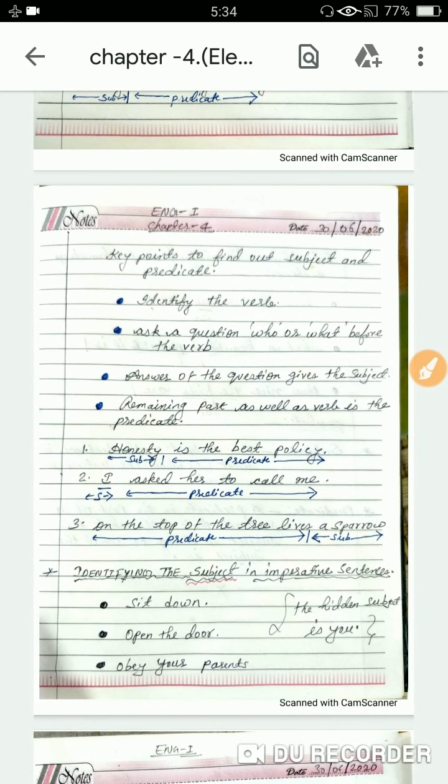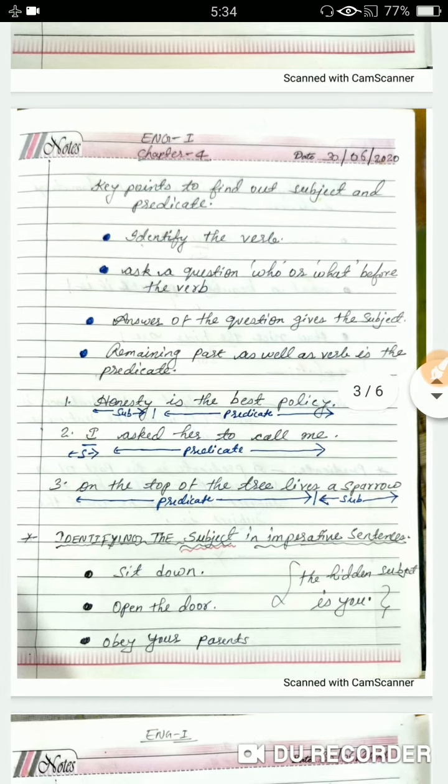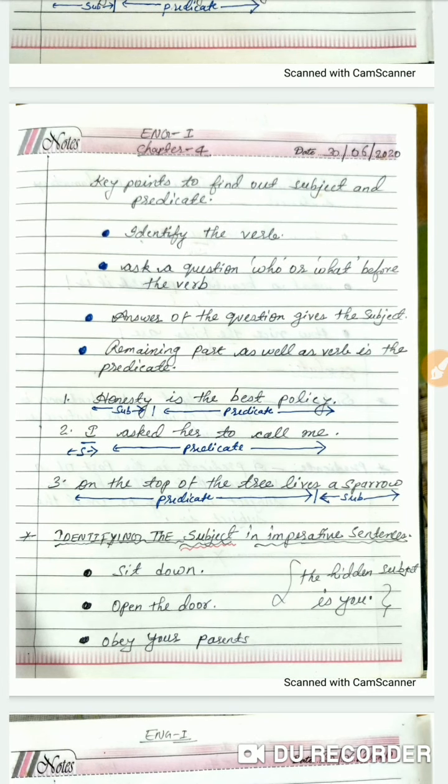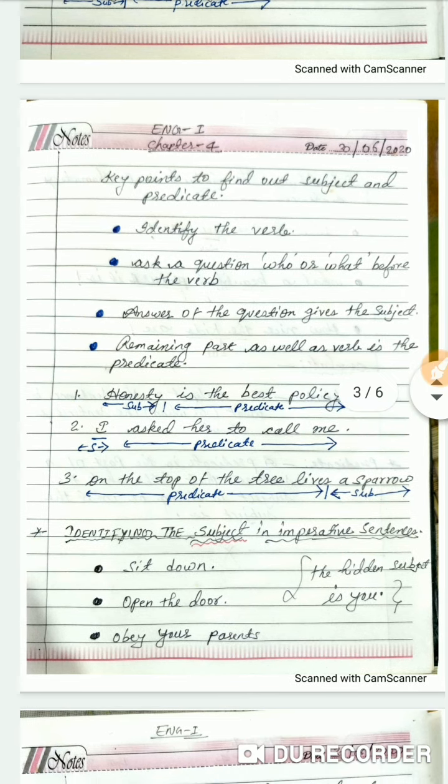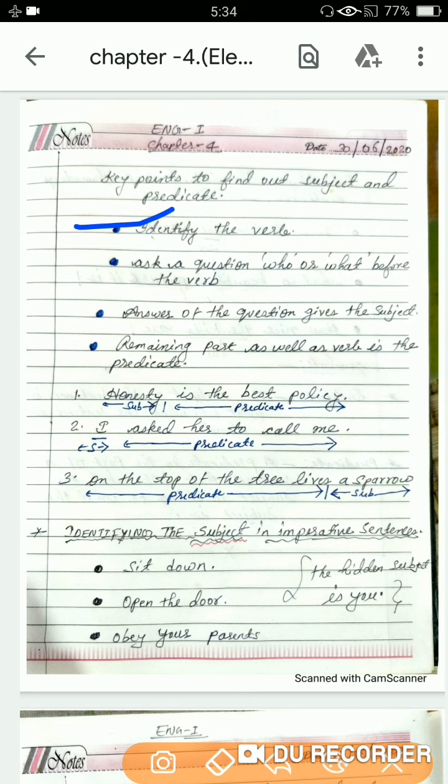If we get the answer to the question, it will give the subject. From the answer to the question who or what, we come to know about the subject. Through these three points we will come to know what the subject of the sentence is. And the remaining part, as well as the verb, will be the predicate.